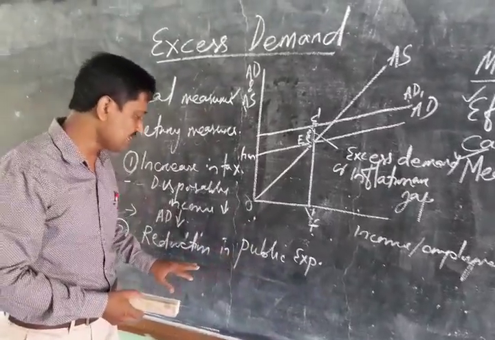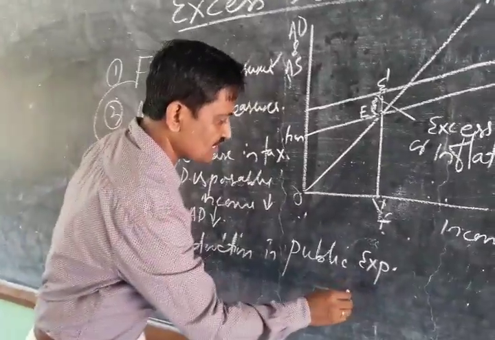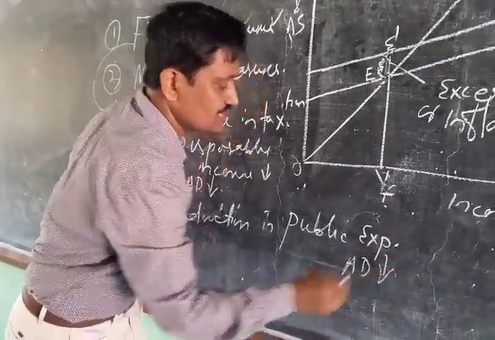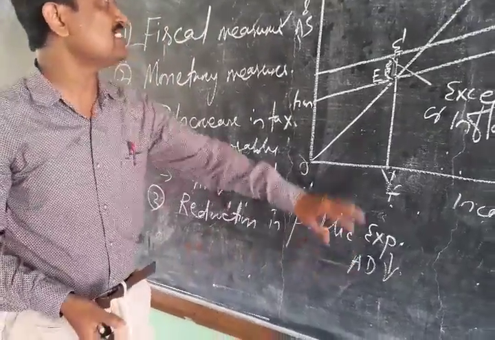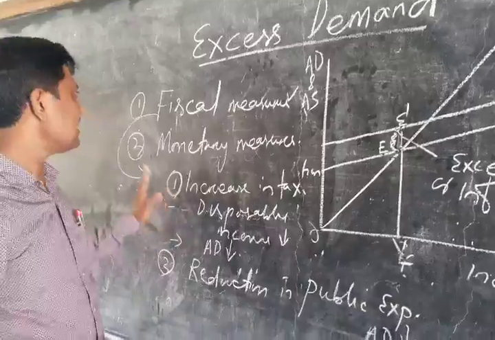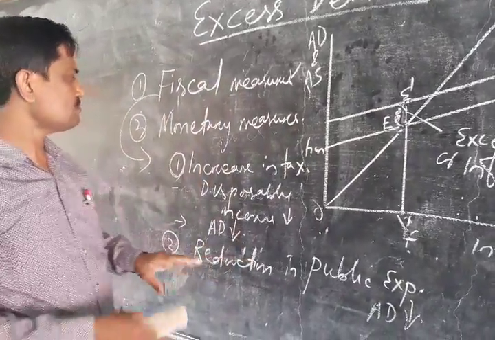If the government reduces the public expenditure, then what will happen? Aggregate demand will decrease. And if the aggregate demand decreases, then the excess demand situation will be solved. So this is how we can explain the fiscal measures.